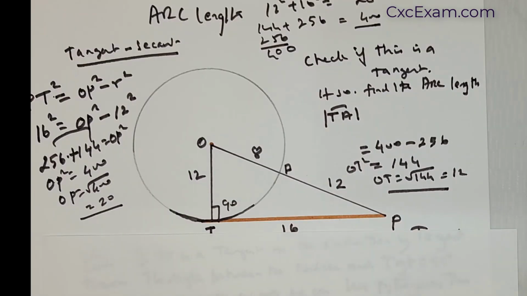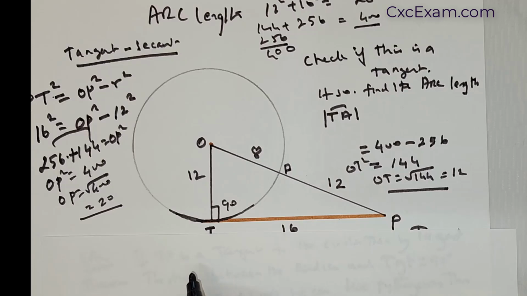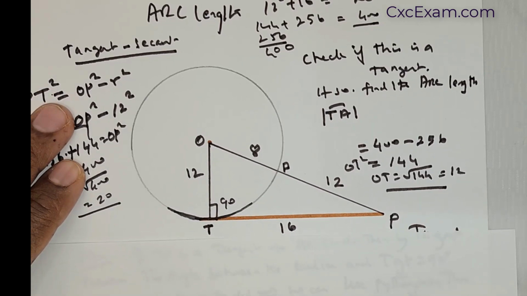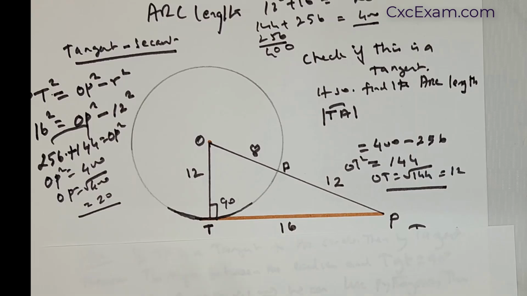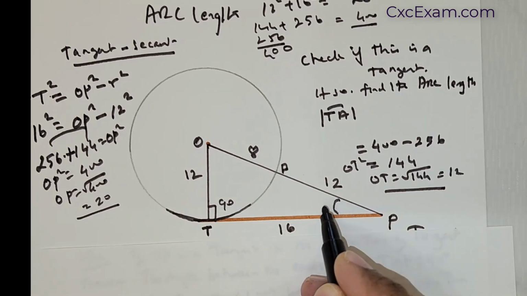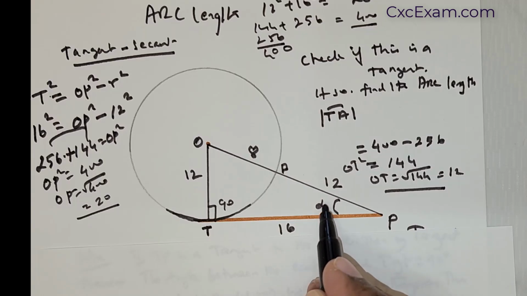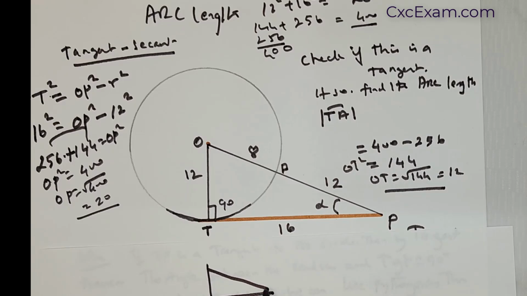Okay, so we can also go one step further in ensuring that these sides which I've got form the sides of a right triangle. So how do we do that? We will have to get the following angles. So let me get this angle alpha. So what do we have? We have a right triangle.